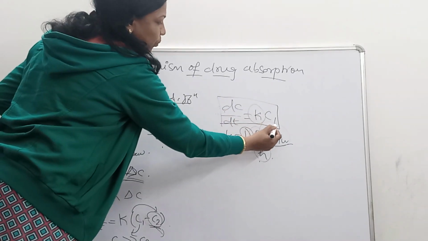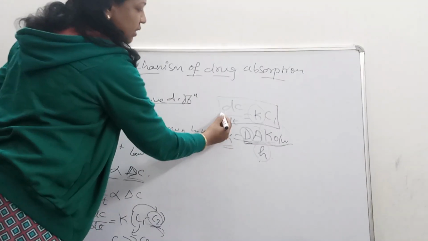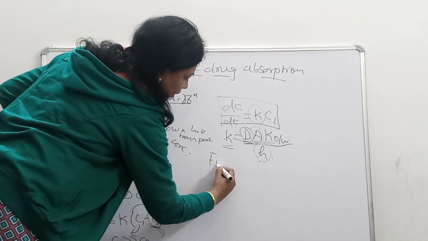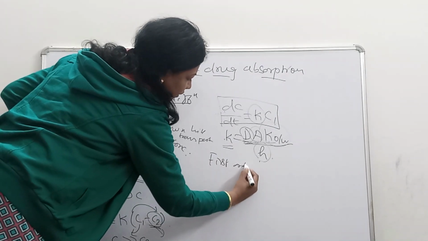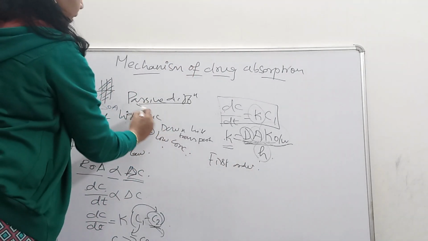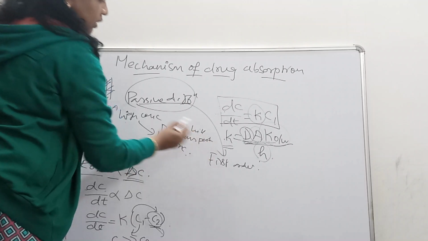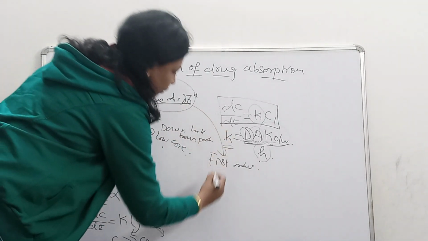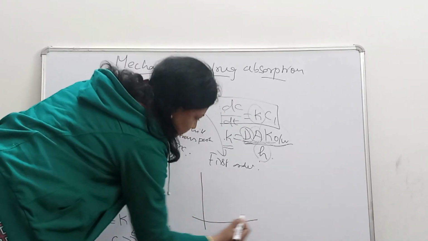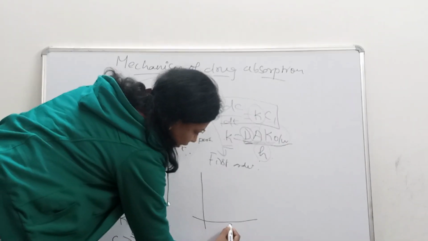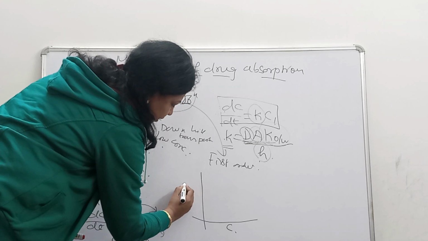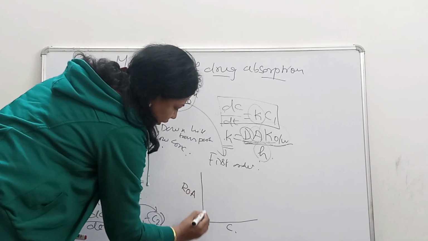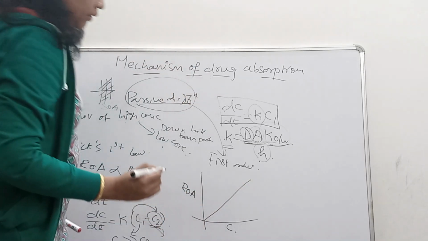Rate is proportional to concentration, which is a first order kinetics, which means that passive diffusion follows first order kinetics. So graphically, as the concentration increases, the rate of absorption increases in a linear fashion.